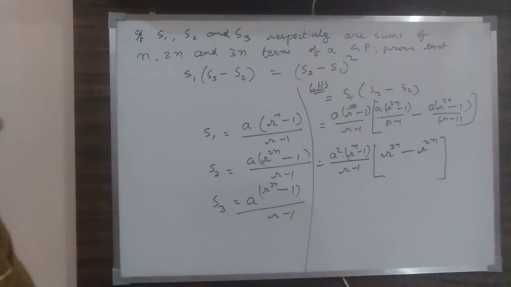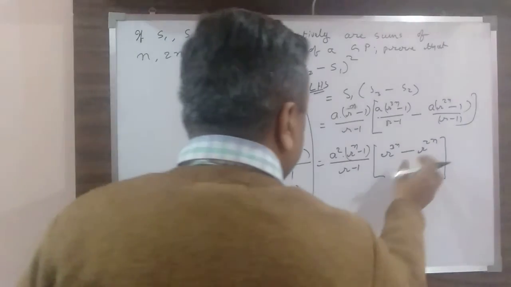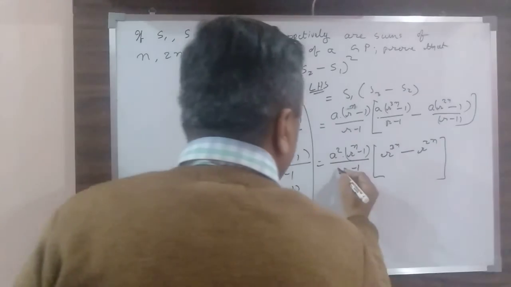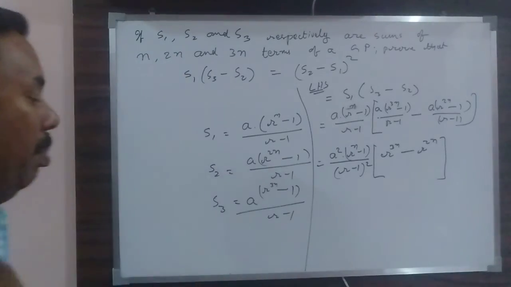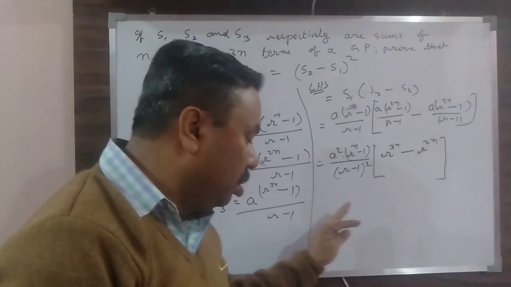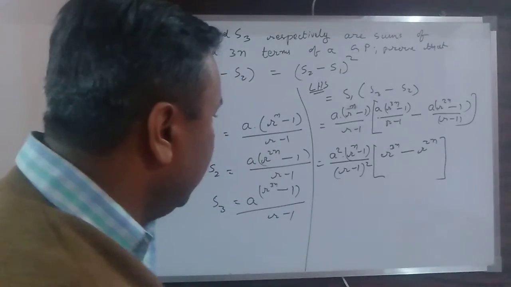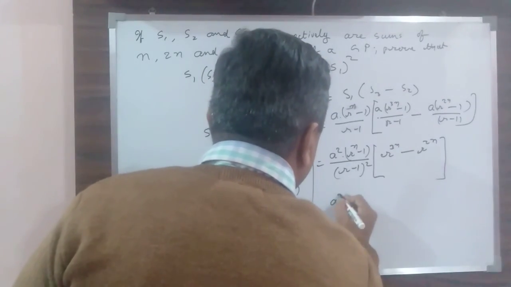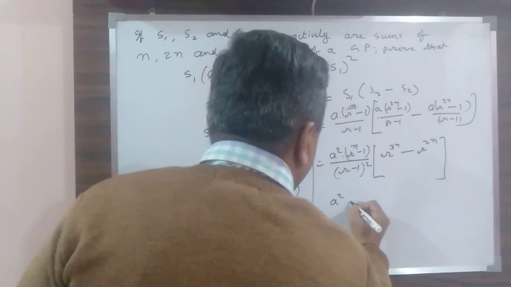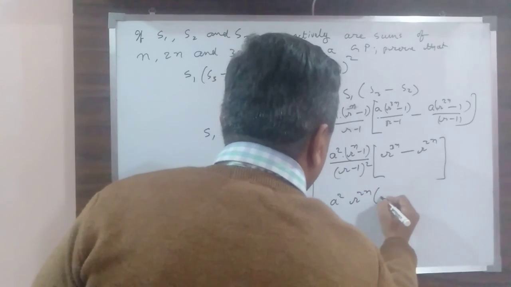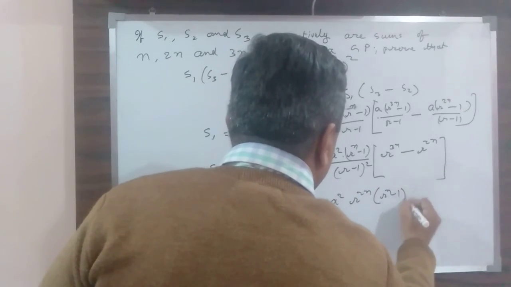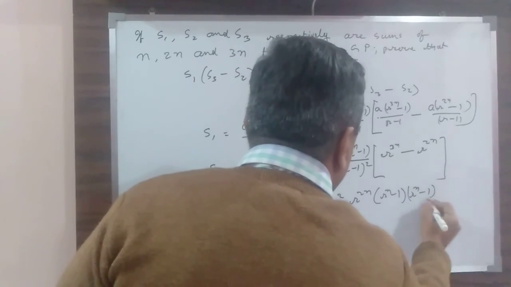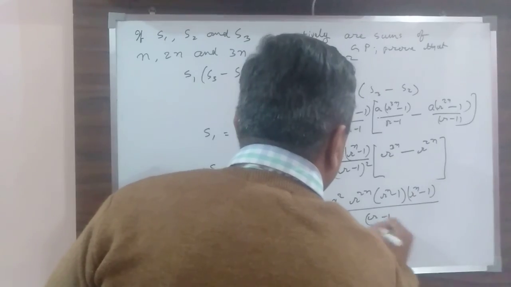So again, r raised to the power 2n can be taken out, and then what will remain is A square multiplied by r raised to the power 2n multiplied by r raised to the power n minus 1, and the remaining will be r raised to the power n minus 1 divided by r minus 1 square.